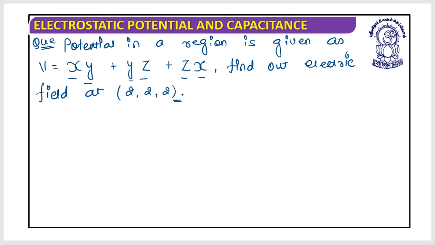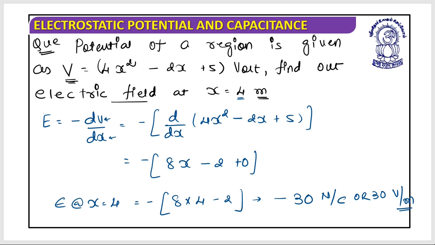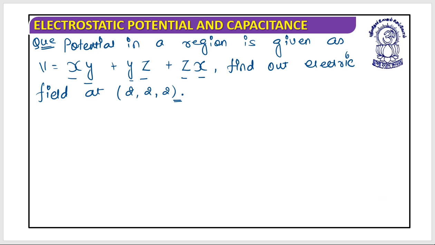When you were doing the previous question, if you revise it, it was just a relation of a single dimension. But here it is of three dimensions: x, y, and z. You know that x, y, and z are perpendicular to each other, and this is the question.